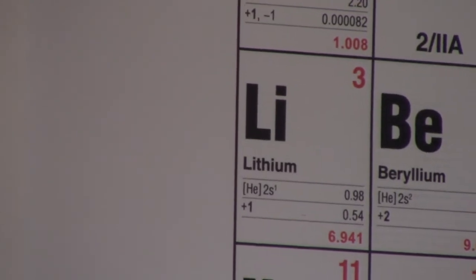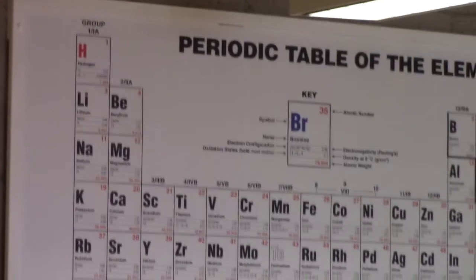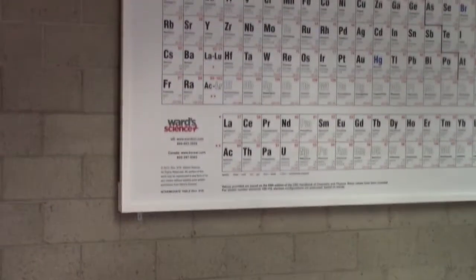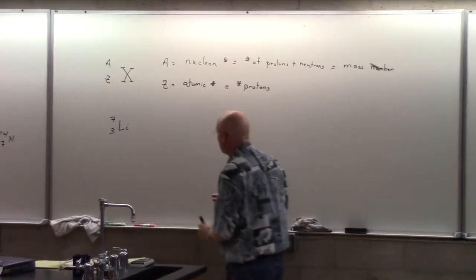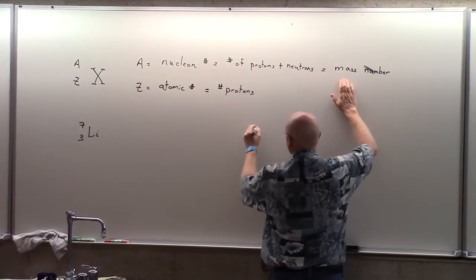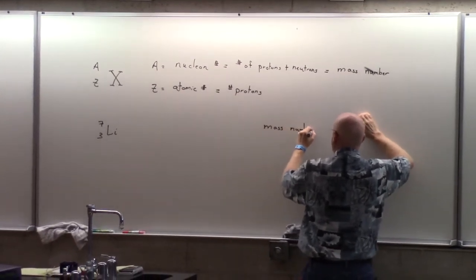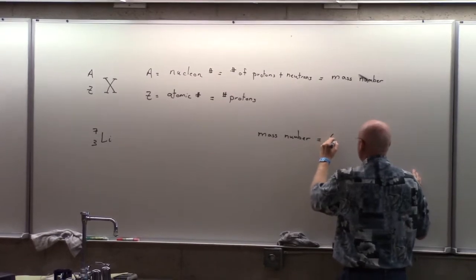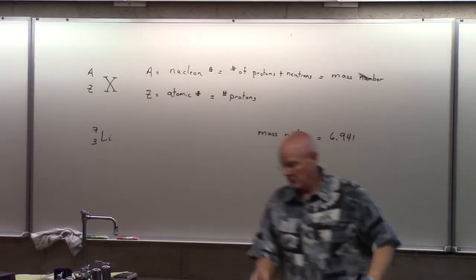Now, maybe it's worth saying a few things about that mass number here, because for lithium, I put lithium 7, but when I look up its atomic mass number, as you just saw, it was 6.941.